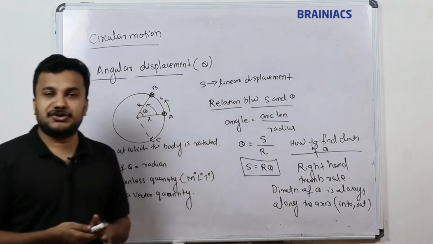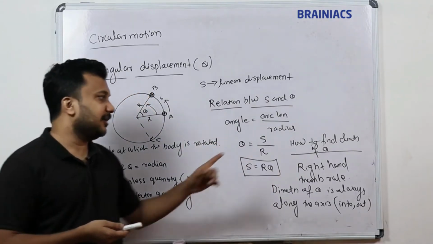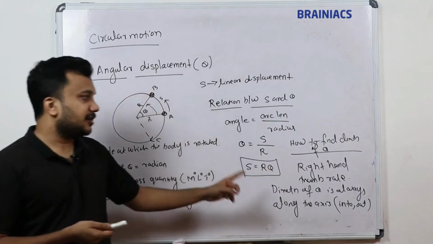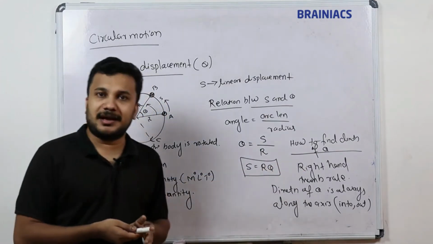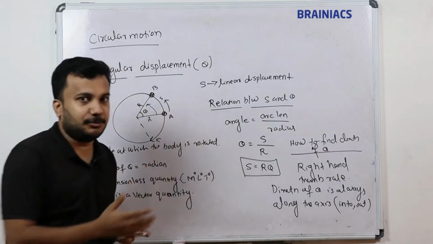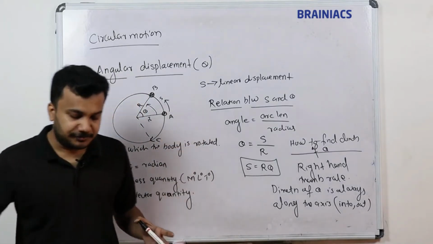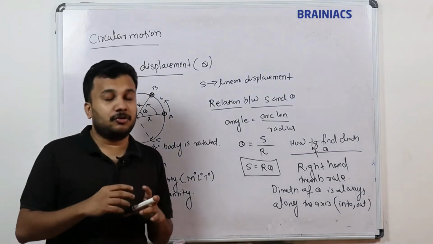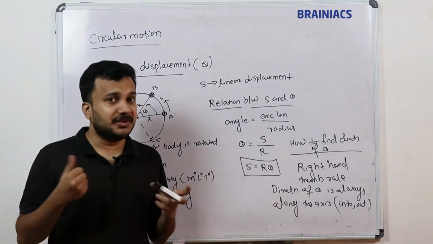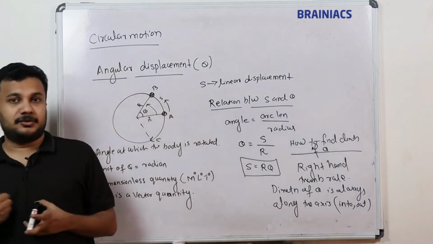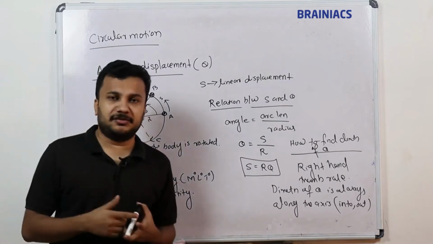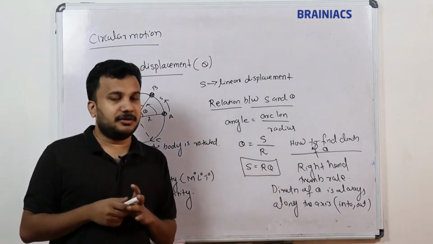How to find the direction of theta? The direction of theta can be found using the right hand thumb rule. The direction of theta is always along the axis if you are using the right hand thumb rule, because in entire physics, from first year to second year, you will learn lots of rules: right hand thumb rule, left hand rule, left hand thumb rule, so many things. But do not get confused.